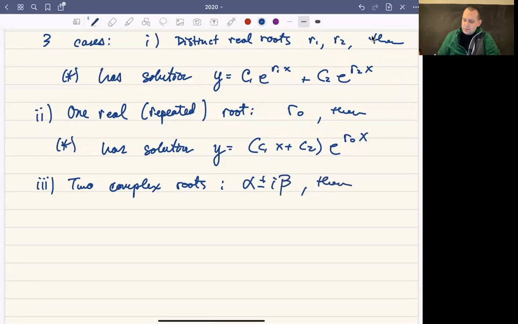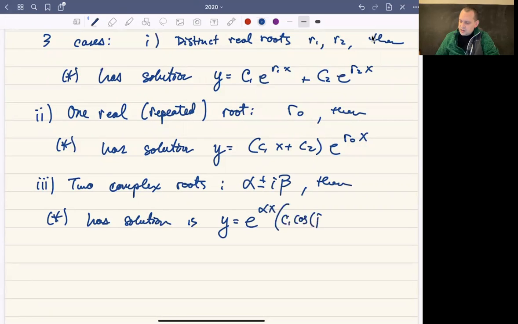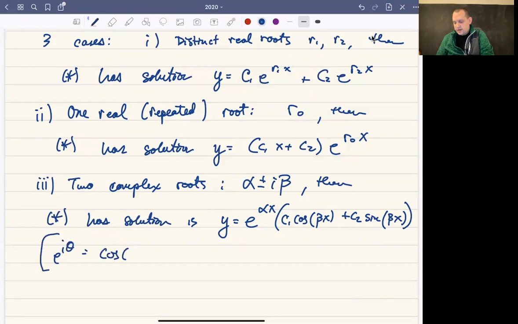Then the general solution to star is going to be y equals e to the alpha x times (c1 cosine of beta x plus c2 sine of beta x). This is a derivation that we went through last time using Euler's identity that e to the i theta is cosine of theta plus i sine of theta. So we went over that in a previous video.